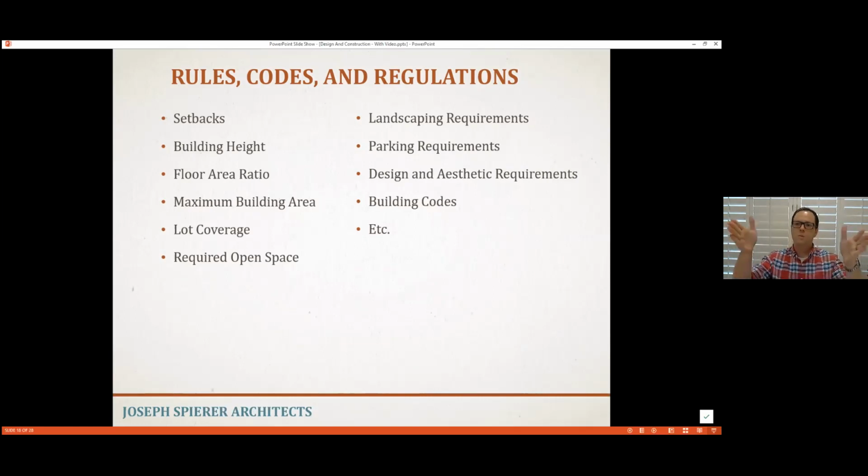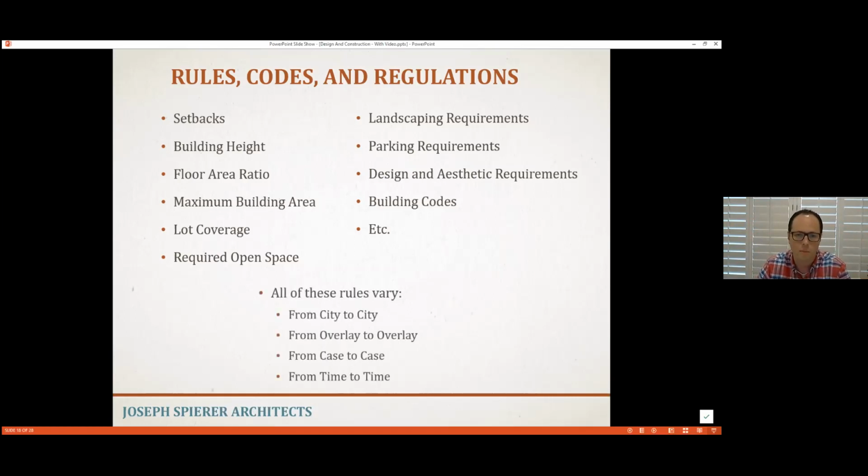But do you have this many surprises, or do you have this many surprises? If you can keep it to this level, then the cost and the time ramifications remain low. And they all vary. They vary from city to city and overlay to overlay, and then from case to case, but my favorite is from time to time, because that means that each individual person behind the counter reviewing these drawings gets to make their own decision in a gray area situation.